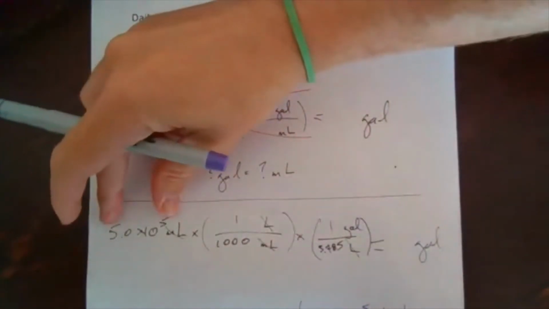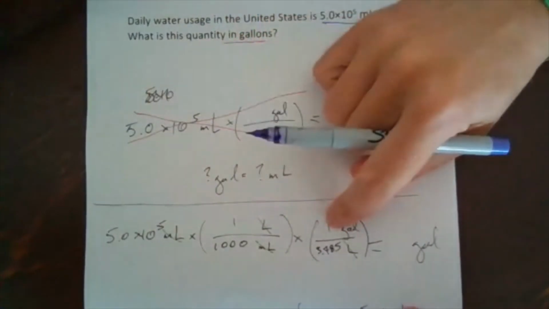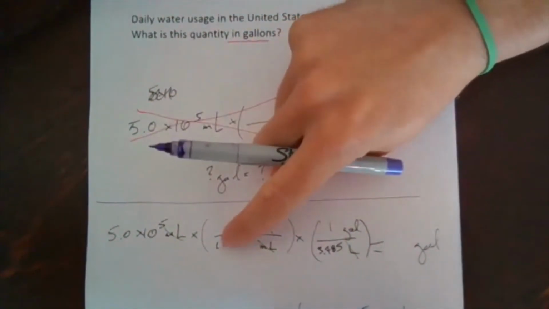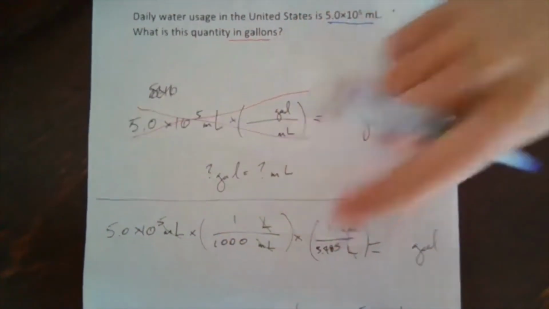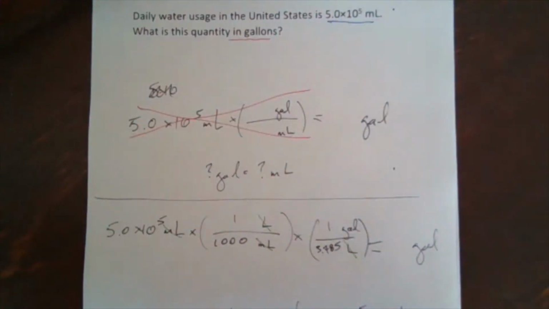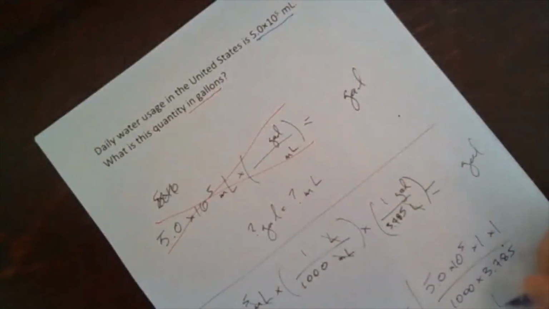The 5.0 times 10 to the 5th times the 1, divided by 1,000 times 3.785. And when you plug that in, you get 132.1.